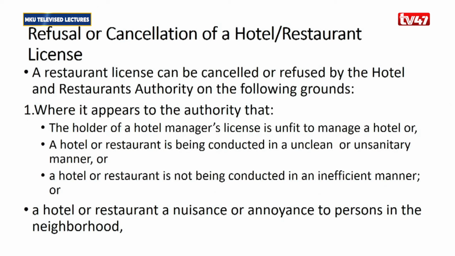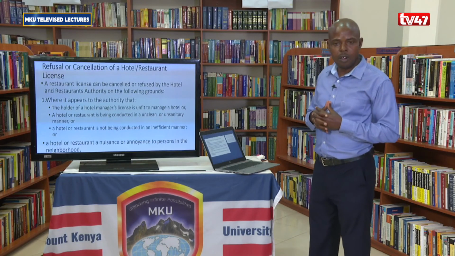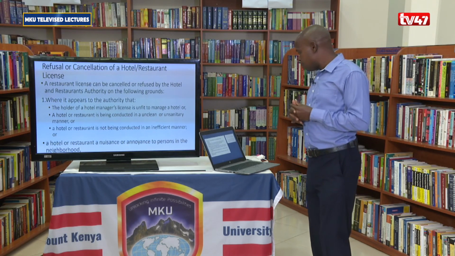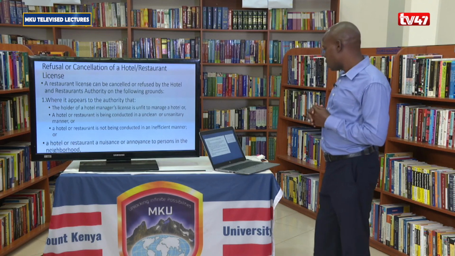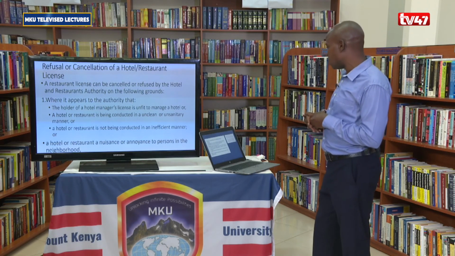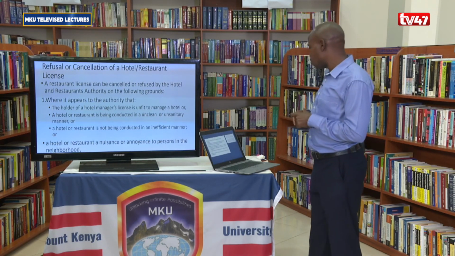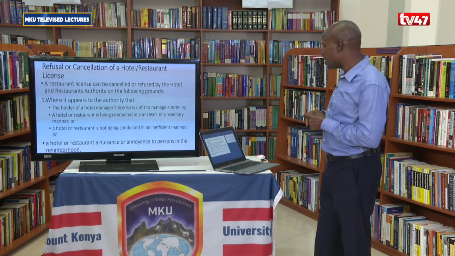Okay, next is where hotel or restaurant is being conducted in unclean or unsanitary manner. If the hotel is dirty, they don't clean, then this means that their license can be withdrawn. Next is that where hotel or restaurant is a nuisance or annoyance to persons in the neighborhood.